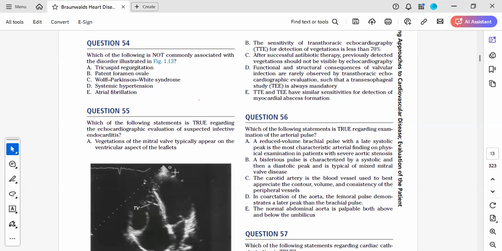Pulse abnormalities are variations in the normal characteristics of the pulse. It includes variations in the rate, rhythm, strength, and contour. The abnormalities can provide significant clinical insights into various cardiovascular or systemic conditions.